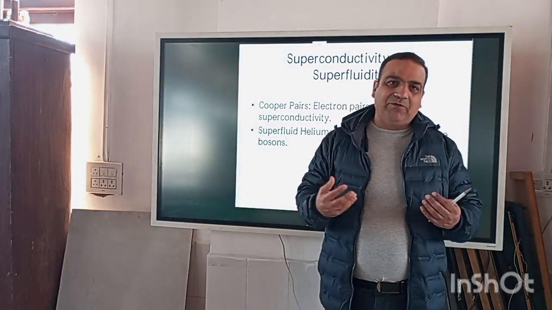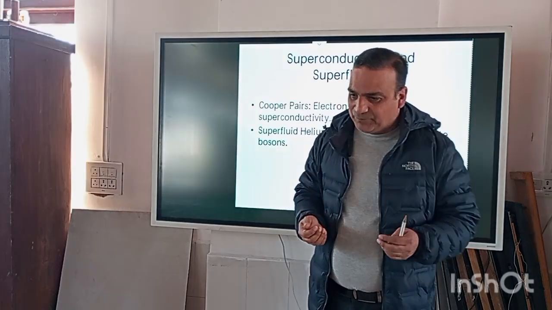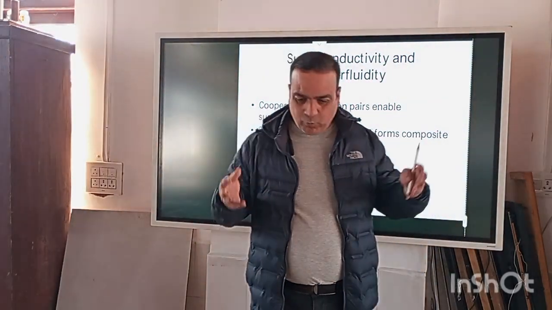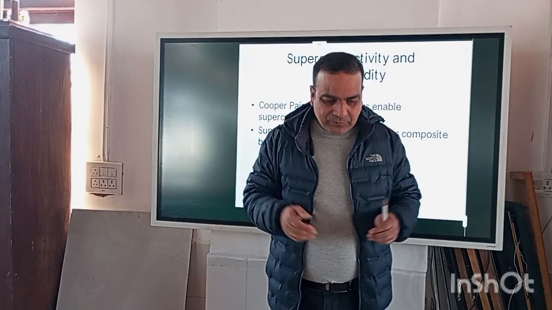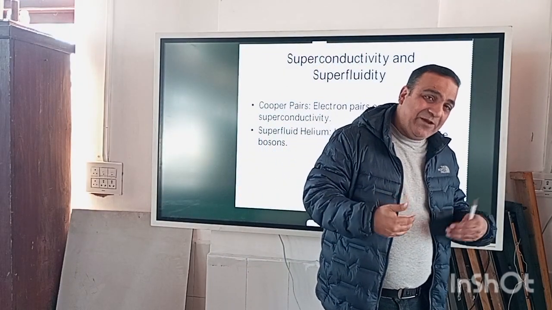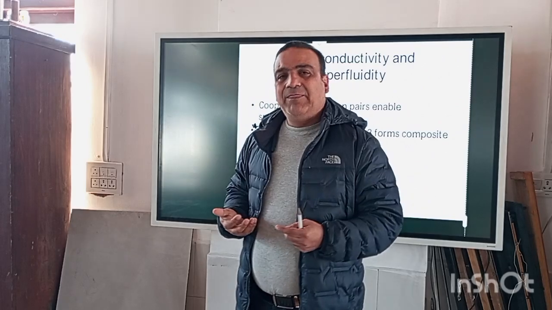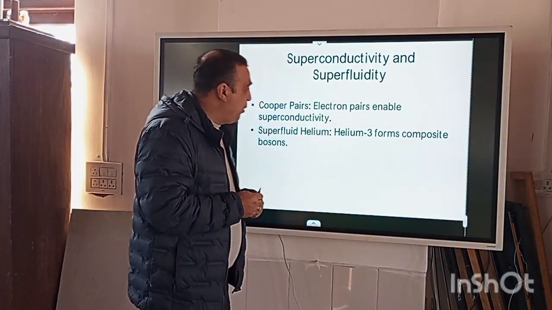So to explain the phenomenon of superconductivity, we introduce the concept of Cooper pairs. A Cooper pair as a whole is a boson, but the particles taking part in this Cooper pair are electrons, which are fermions.